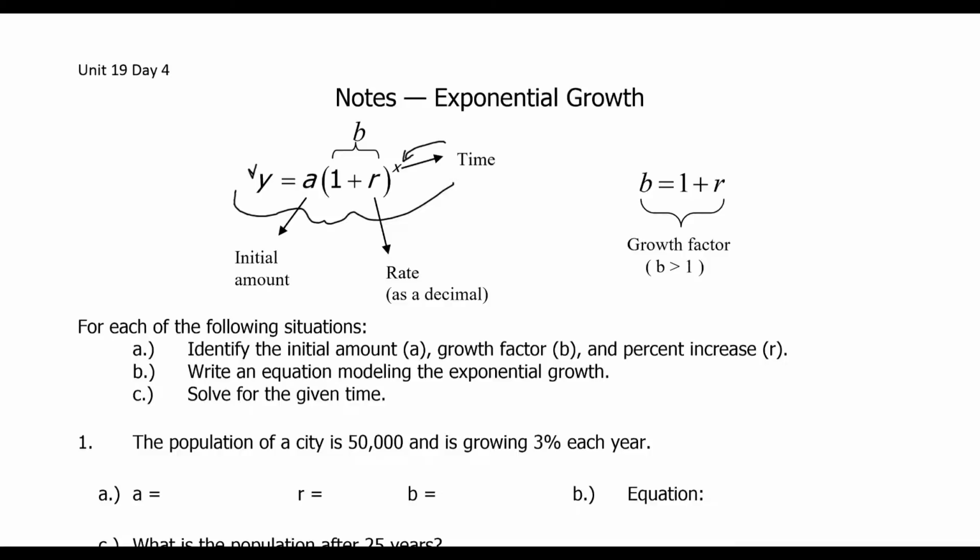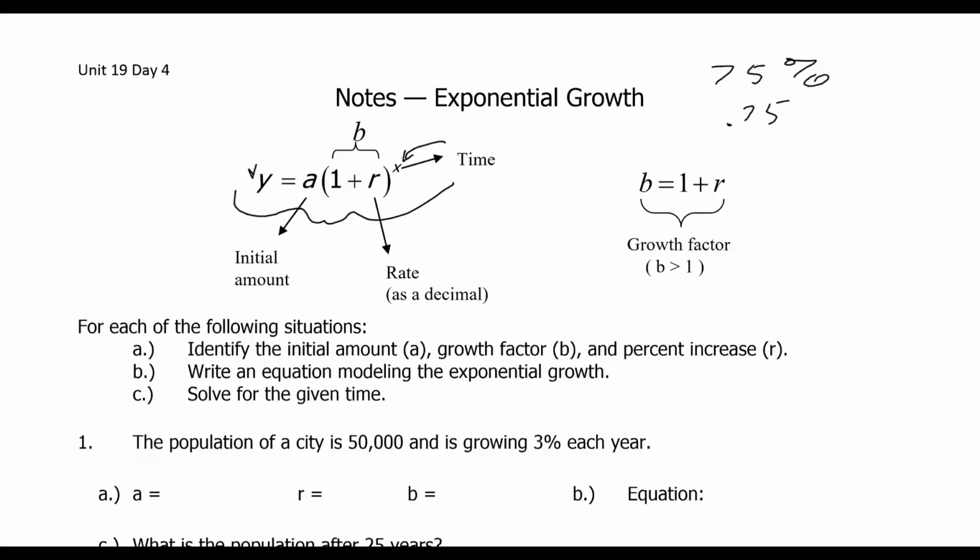If the rate is, say, 75%, then that's just 0.75. Anything that is bigger than 1 is going to result in exponential growth. And tomorrow we're going to deal with what happens if it's between 1 and 0, and that's going to result in something called an exponential decay.